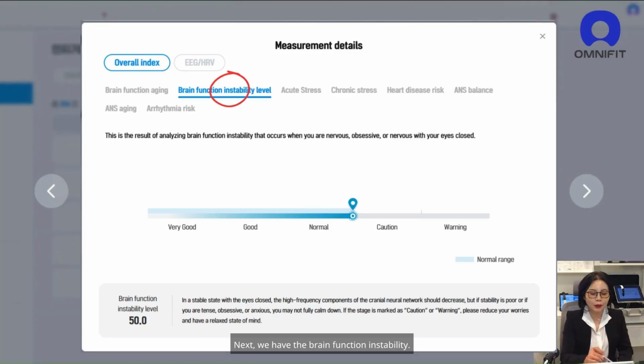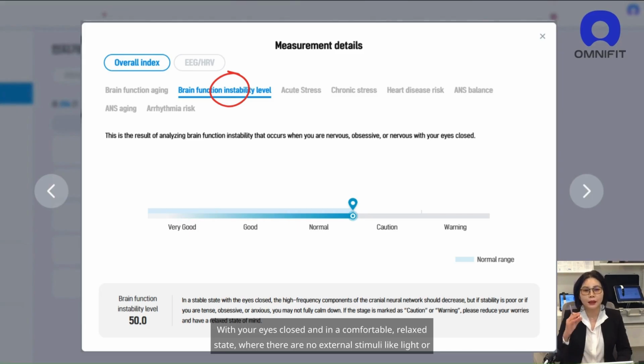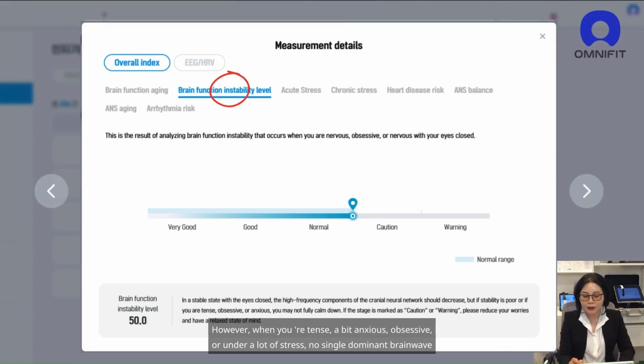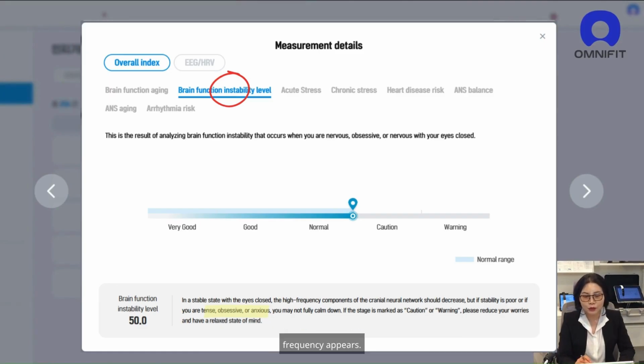Next, we have the brain function instability. The brain waves we measure are like this. With your eyes closed and in a comfortable, relaxed state, where there are no external stimuli like light or sound coming in, we measure the brain's default state, that is, the brain in its basic, resting condition. However, when you're tense, a bit anxious, obsessive, or under a lot of stress, no single dominant brainwave frequency appears.